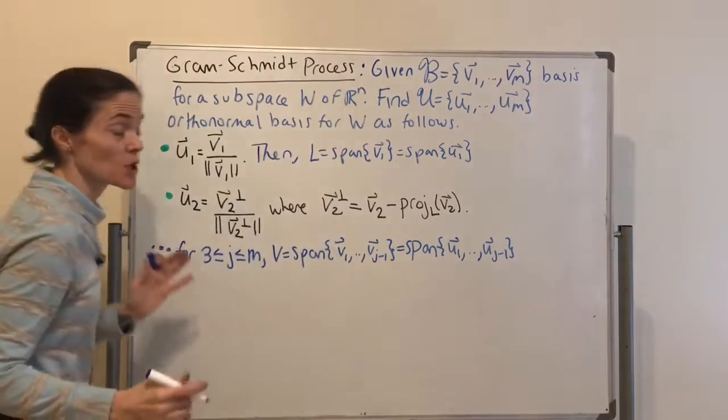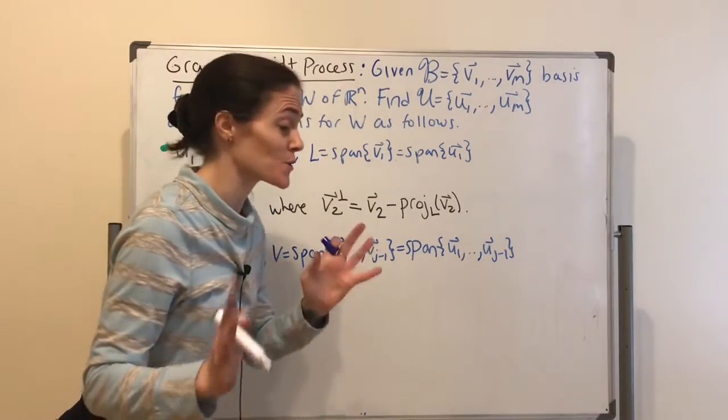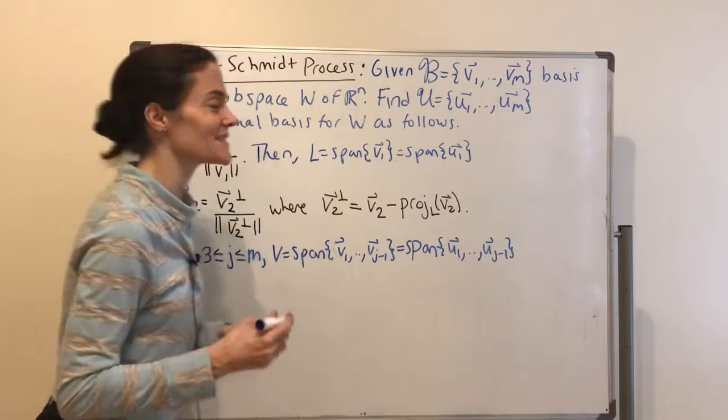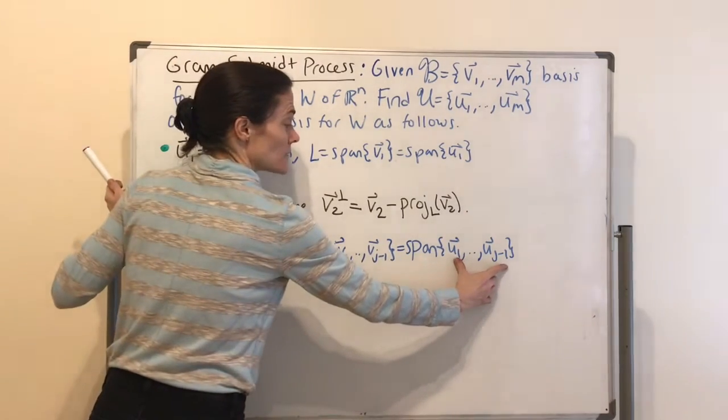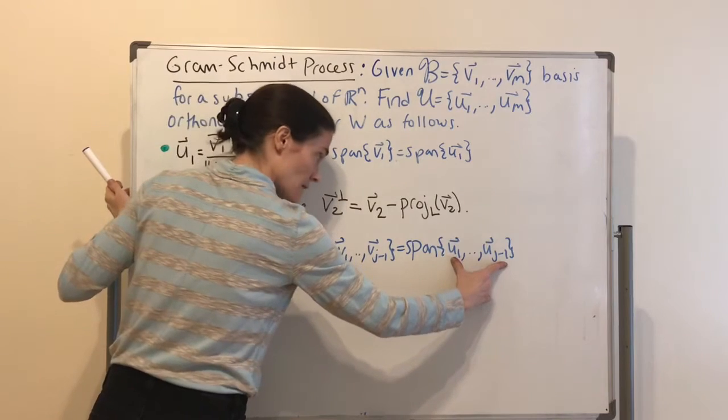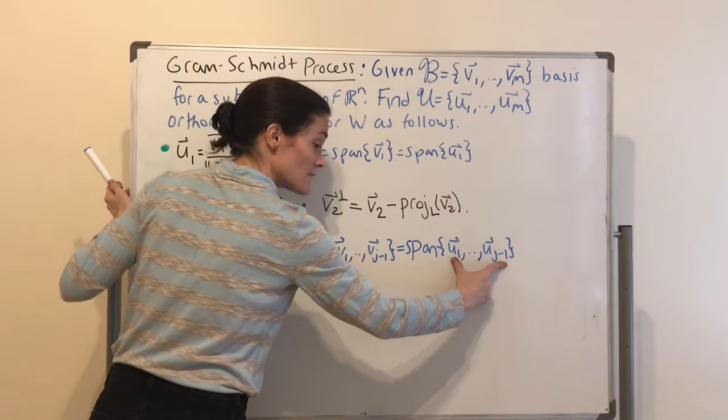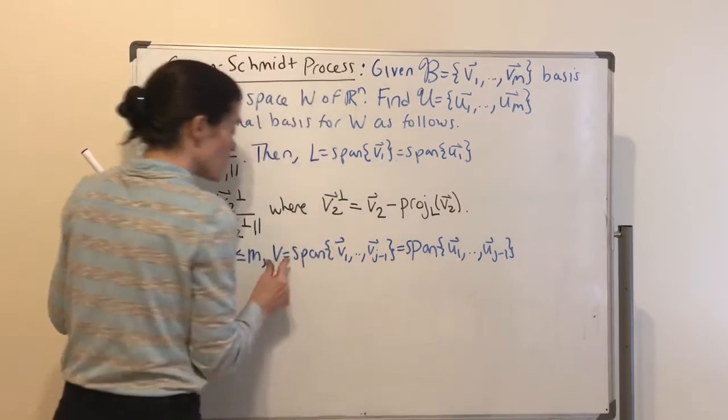And the nice thing is U1 to Uj minus 1 is an orthonormal collection of vectors. In fact, these J minus 1 form an orthonormal basis for V.